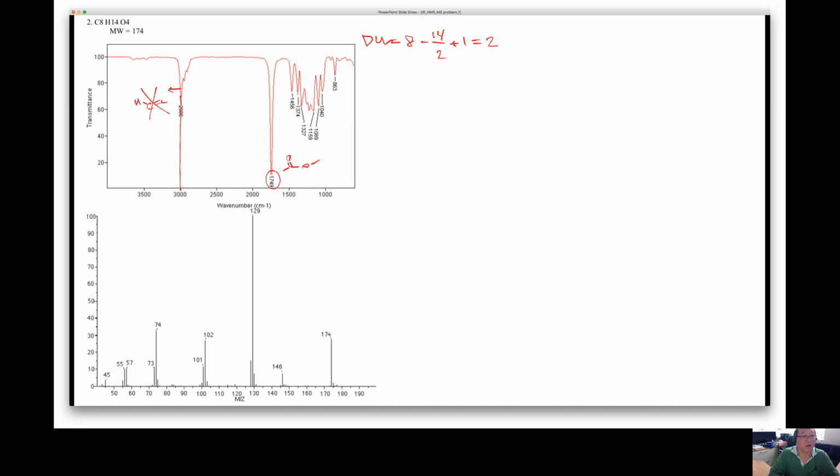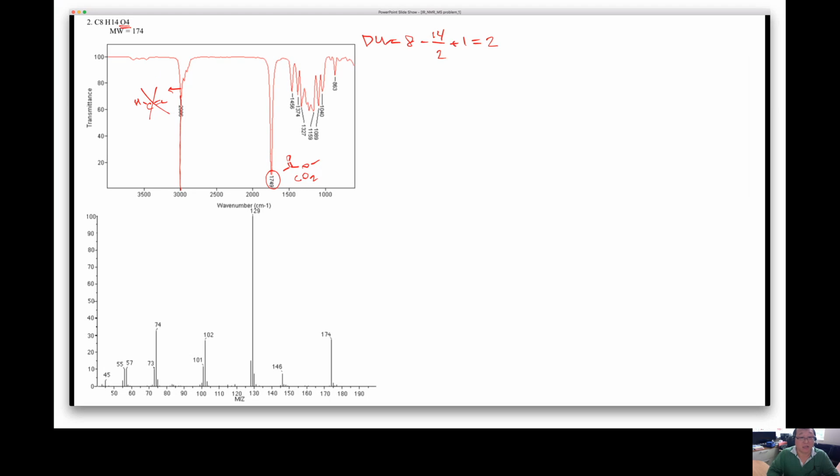And then if you look at how much oxygen an ester takes, it is a CO2, right? One ester functional group takes 2 oxygens, but we have an unusually large number of oxygens in the molecule, 4. So potentially we may have a diester.